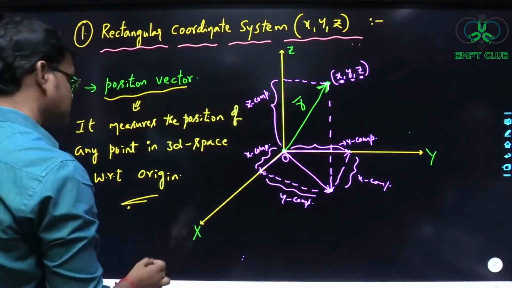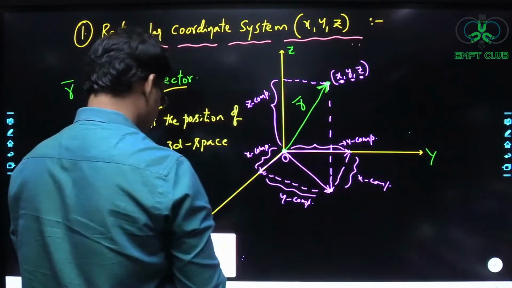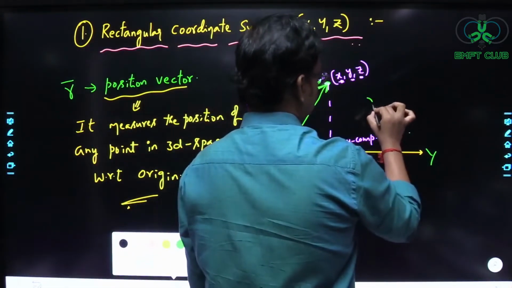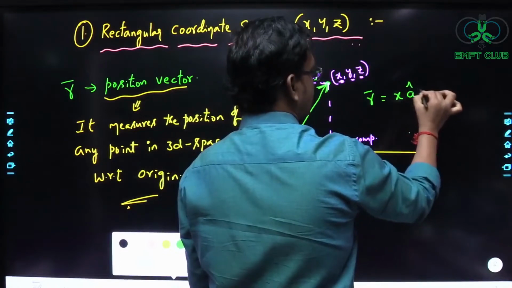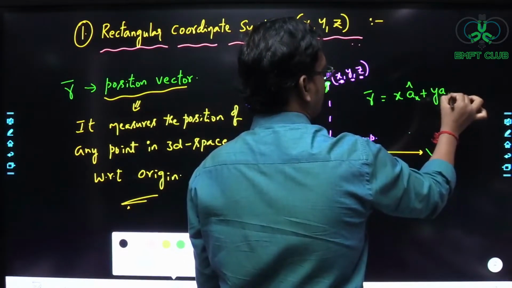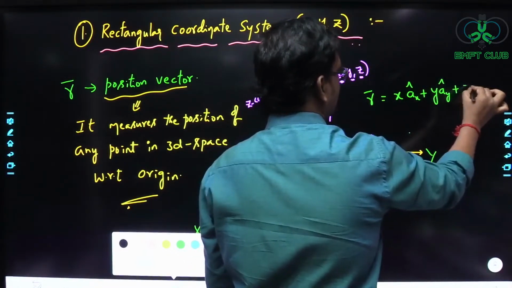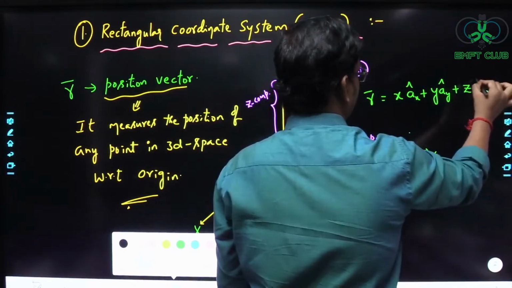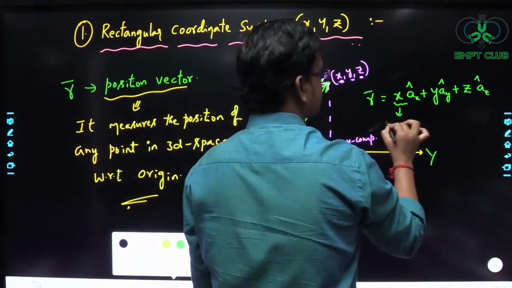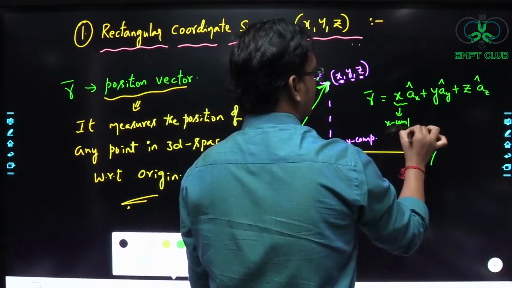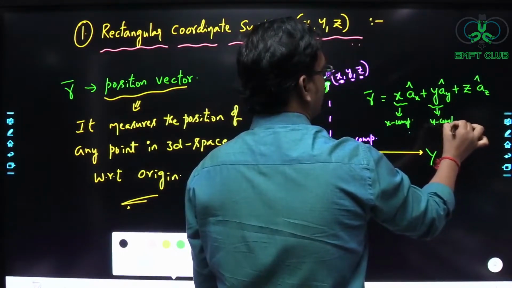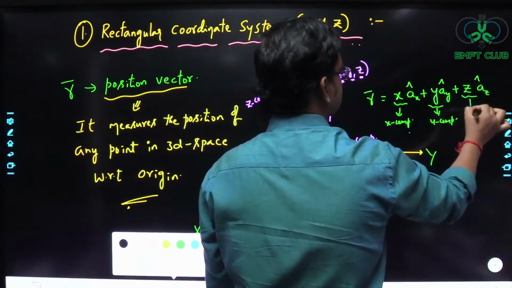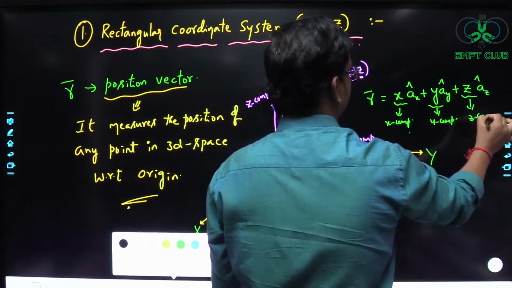So we can represent this r bar in this manner: r bar is equal to x a_x cap plus y a_y cap plus z a_z cap. Here x represents the x component, y represents the y component, and z represents the z component.